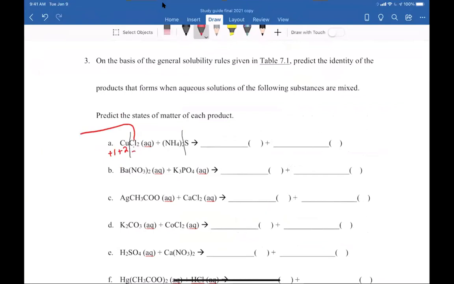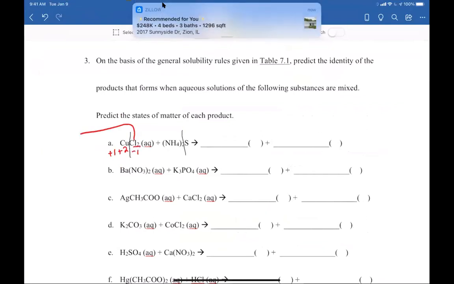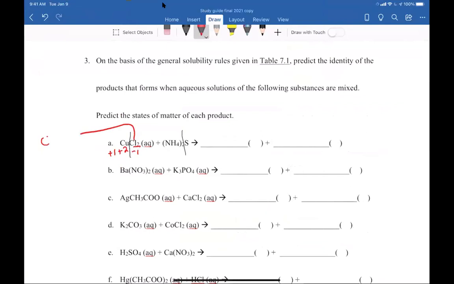So what does that mean? That means that each Cl is -1, and you have to add them together. And once you add them together, you get a -2 charge as a total charge. Right?